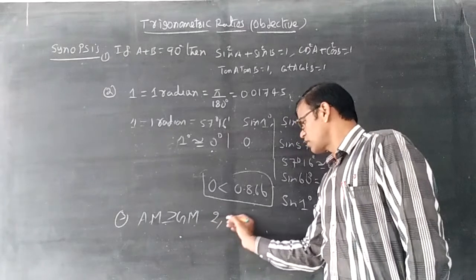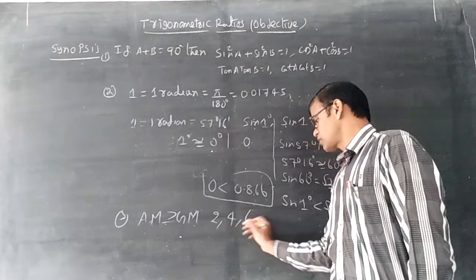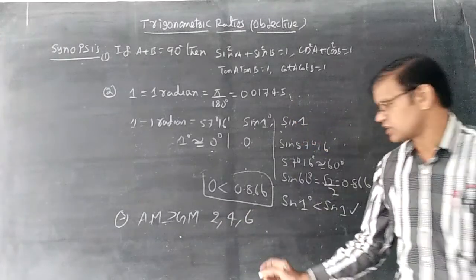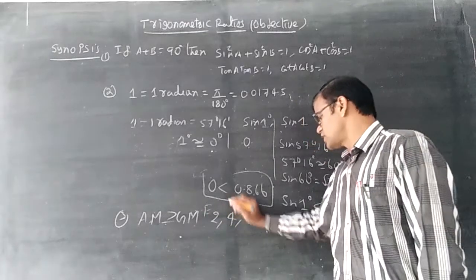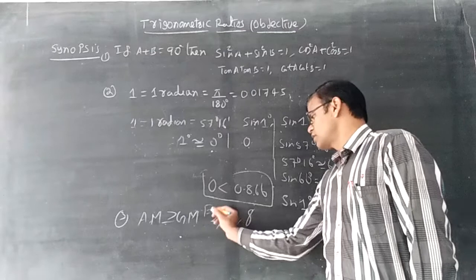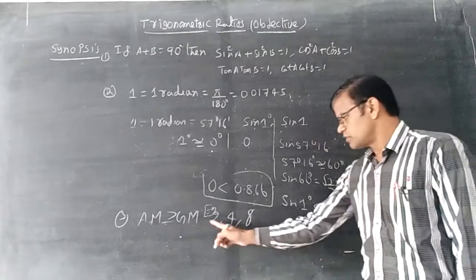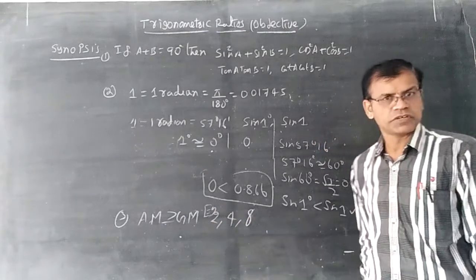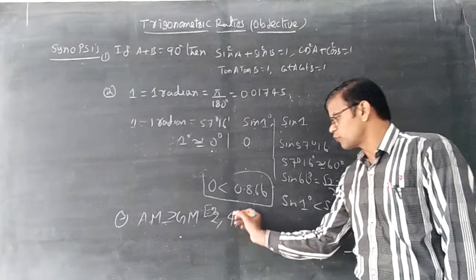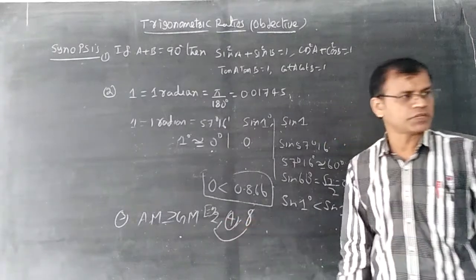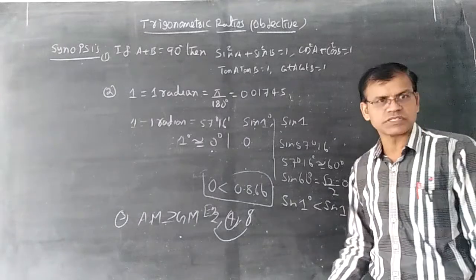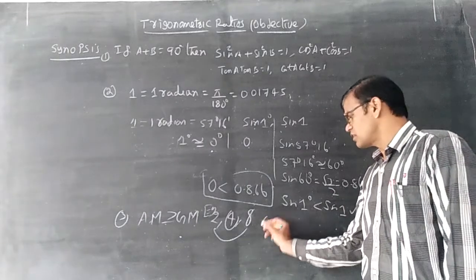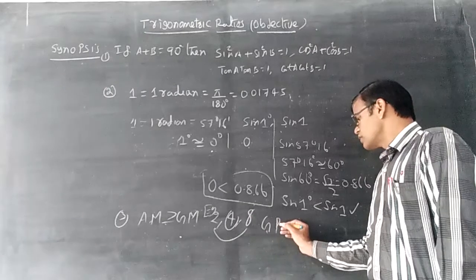For example, I am discussing 2, 4, 8, it is better to take a GP. So what is GM? 2, 4, 8 are in GP. 4 square is equal to 2 into 8, 16 equal to 16. Do you know the condition B square is equal to AC? 16 equal to 16, so they are in GP.